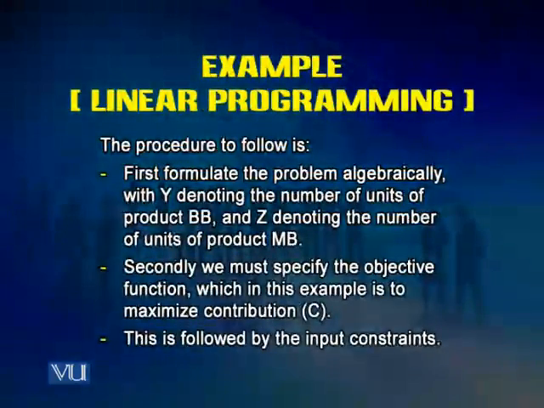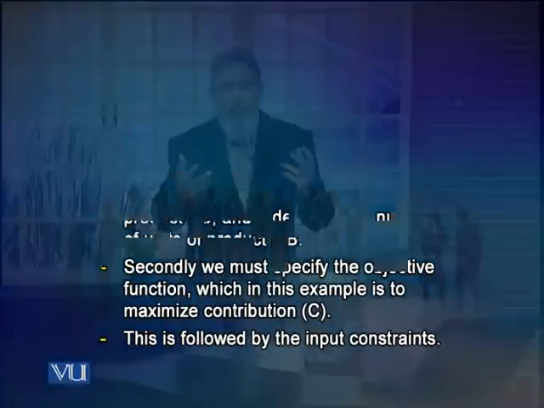This is followed by the input constraints. Constraints that we are going to consider are materials, which are used in both products Y and Z, and there is a limit of 3,440, and labor hours, and there is a limit of 2,880, and also we know that the maximum Y we can produce is 420 units.